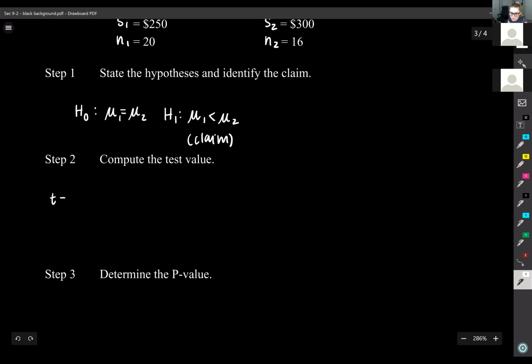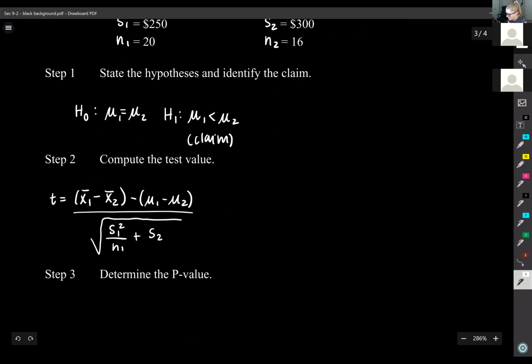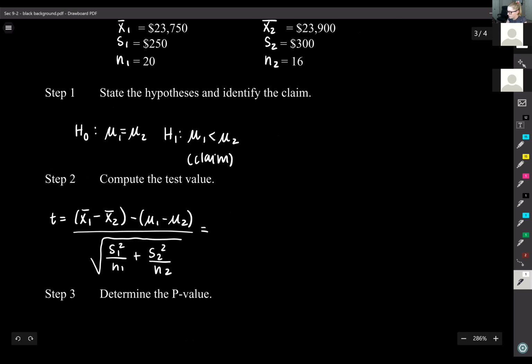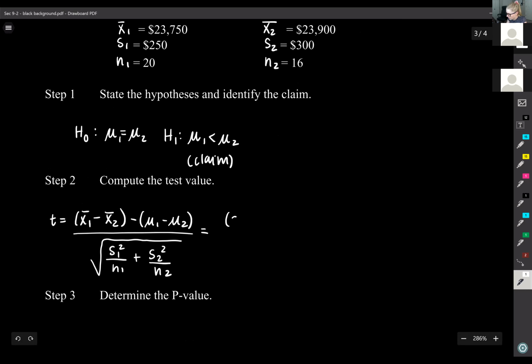Okay, let's compute this test value. So t is equal to, I'll write down the formula one more time, x1 bar minus x2 bar minus mu1 minus mu2 over the square root of s1 squared over n1 plus s2 squared over n2. Okay, so x1 bar is 23,750, just based on the chart.